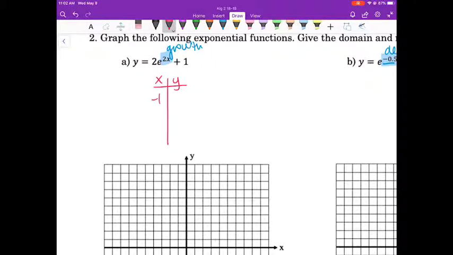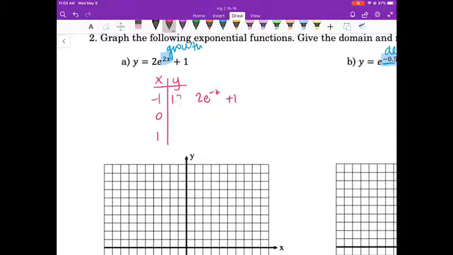So we still want to plug in our typical three x coordinates, -1, 0, and 1, straight into our calculator. When we plug in -1, we have 2e to the 2 times -1, which is -2, plus 1. Remember that your e button is the second ln key, which is near the 7, and we now know that ln key is our natural log, which makes sense.